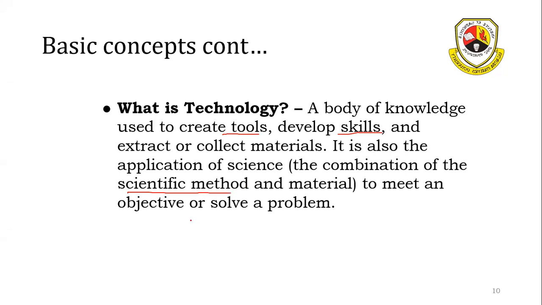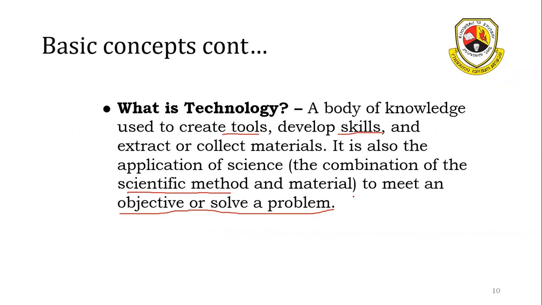The objective of the technology is to meet an objective or to solve a problem. So the technology may be a skill, but that skill must be there to solve a problem. It may be a physical tool, but it must be there to solve a problem. Whatever it is, it's there to solve a problem.